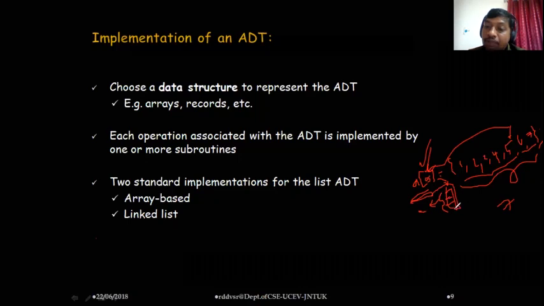Logically, they are not part of this array. If you increment the index, a of 5 plus 1, that may point to this location, but you will get an error, because that index is not part of this array.